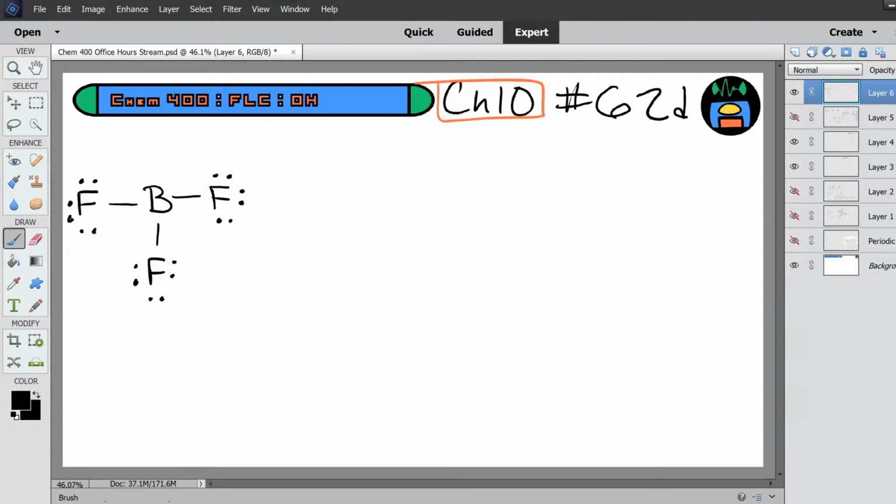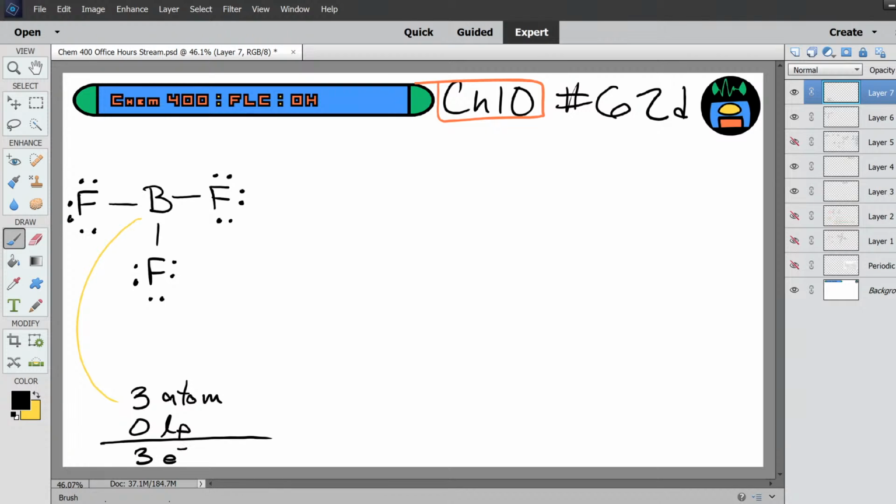All right, so we need to determine the hybridization of our central atom boron. And boron has 3 atoms, 0 lone pairs. So we have 3 electron groups.